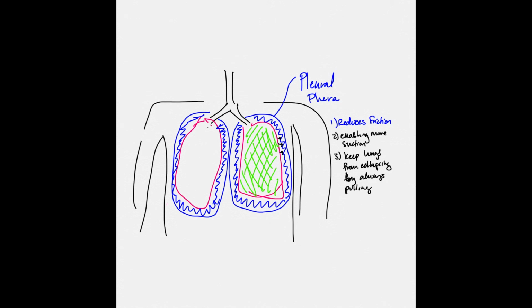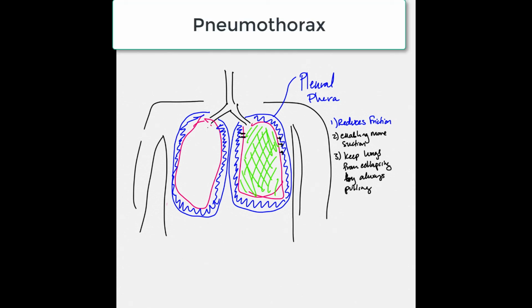Now, there are problems that can happen with the pleura. One example of those is you can get a pneumothorax, which would be a hole in the lung, and now you've got air going into your pleura. That means the pleura is going to pull less efficiently on the lung.